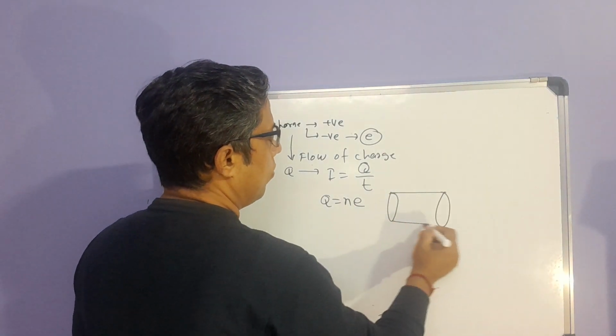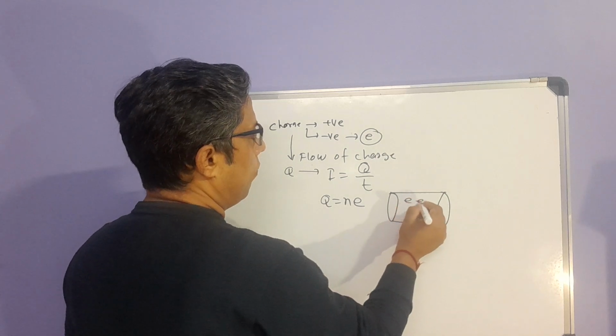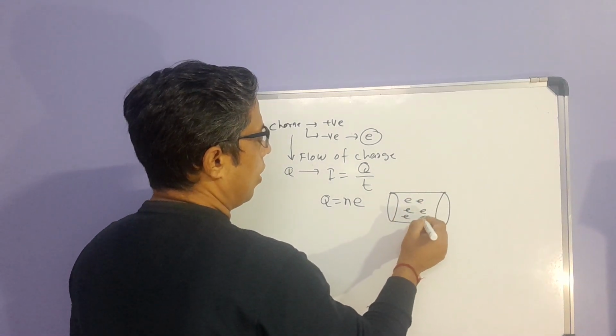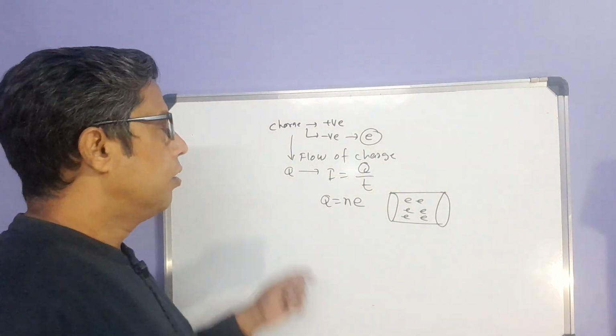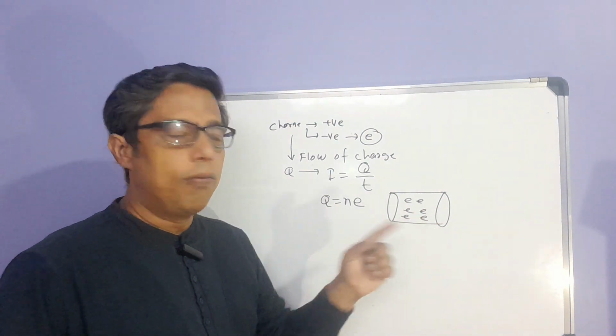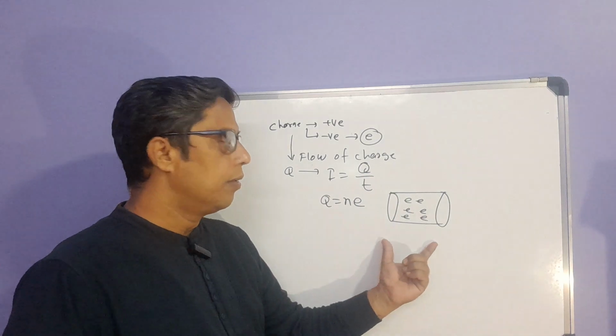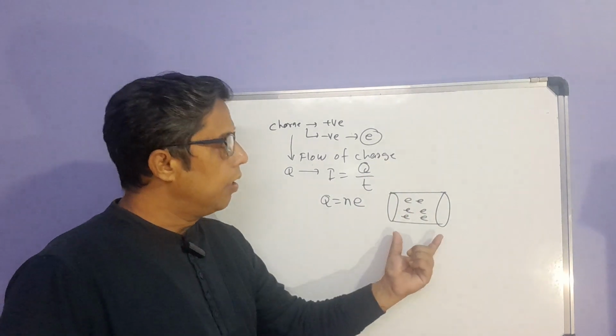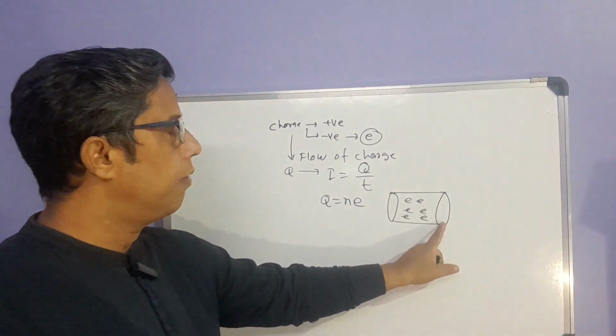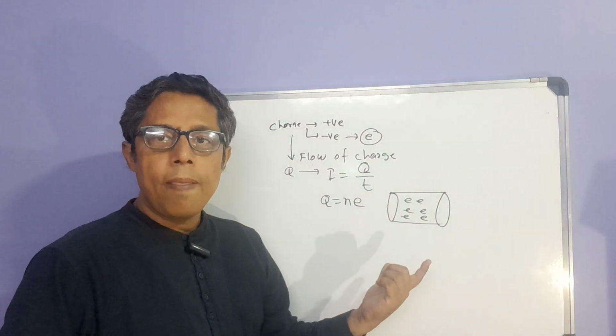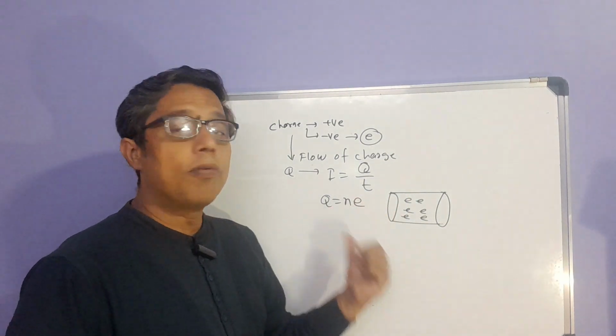Let us draw an image of a conductor. These are the free electrons inside the conductor. When we apply a potential difference, or when we complete a circuit, we have a voltage difference, and the electrons will move because of this potential difference.